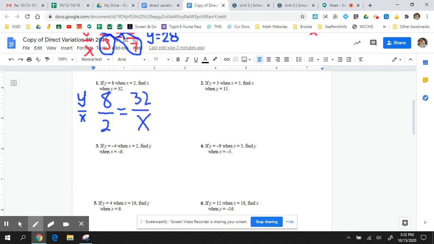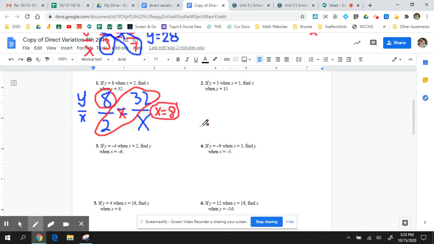It's a little different from our example. Above, we were looking for y, and now we are going to solve for x. The ones that I am going to multiply are directly across from each other, 2 times 32, and then you're going to divide by 8. So 2 times 32 in your calculator gives you 64, and 64 divided by 8 gets you 8. X equals 8 is your answer.